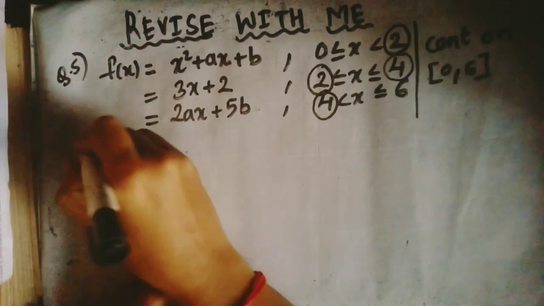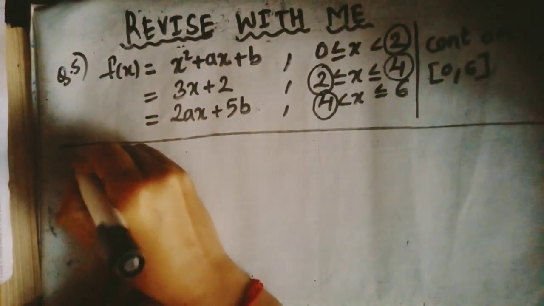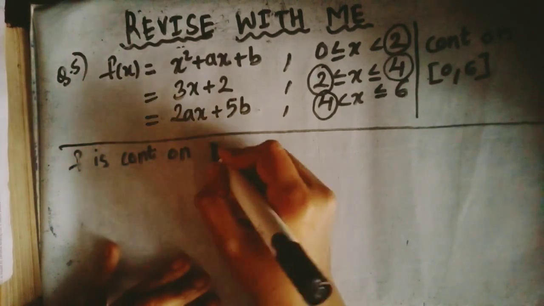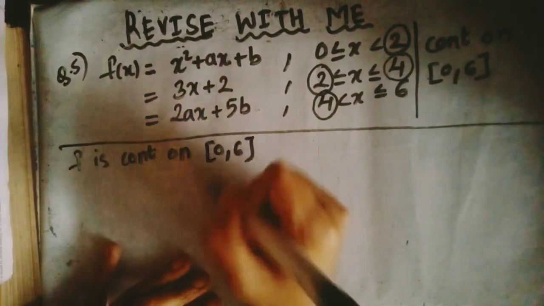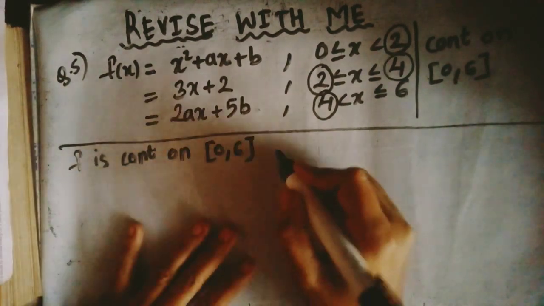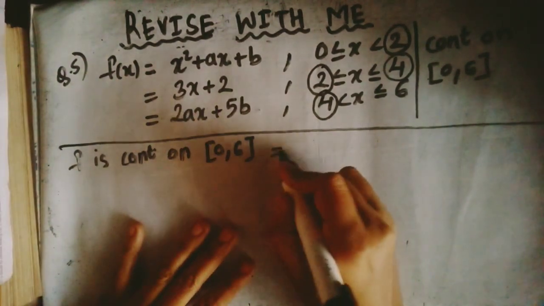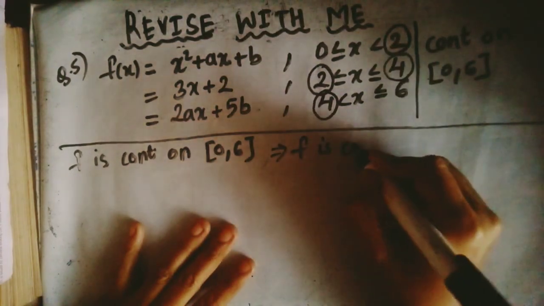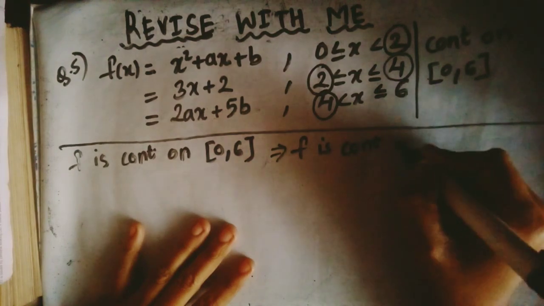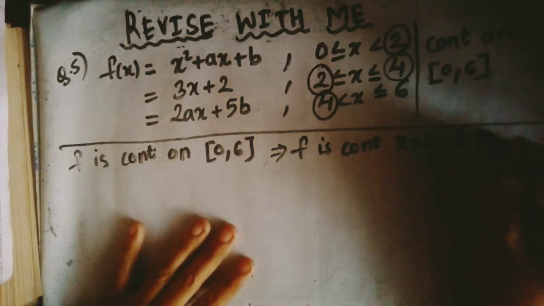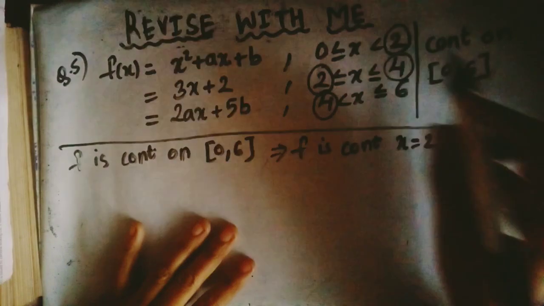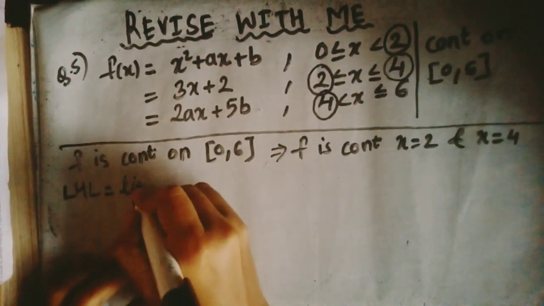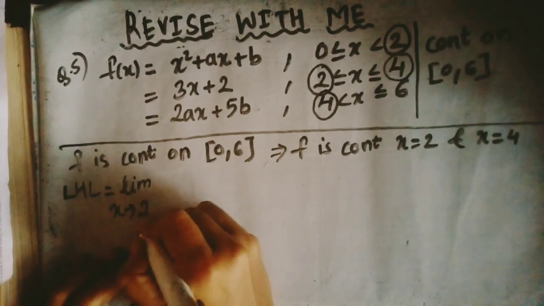So this function is continuous on the closed interval 0, 6, which implies f is continuous at x equal to 2 and x equal to 4. Let's write down the left hand limit at x tending to 2 minus.